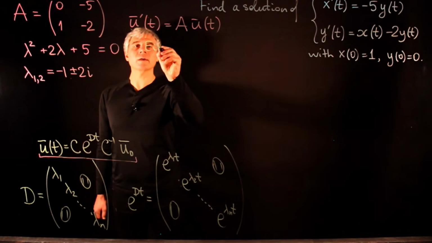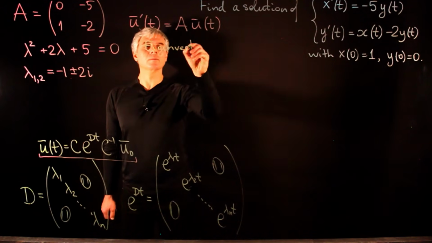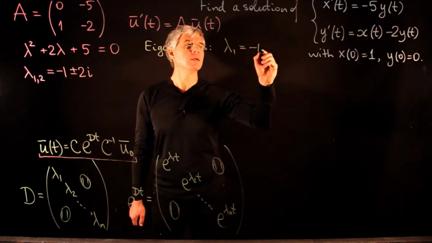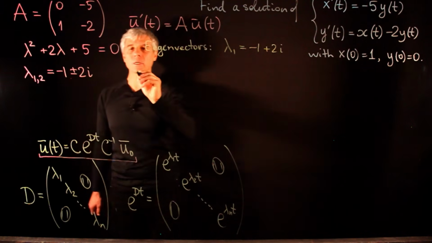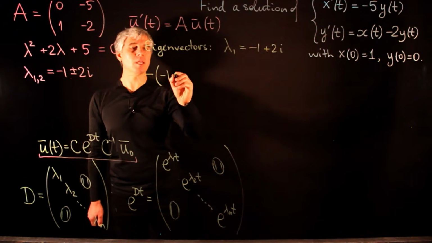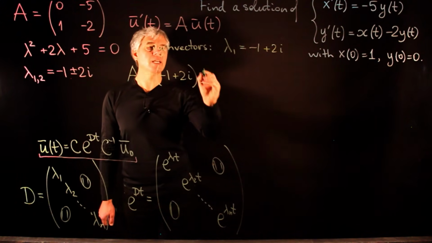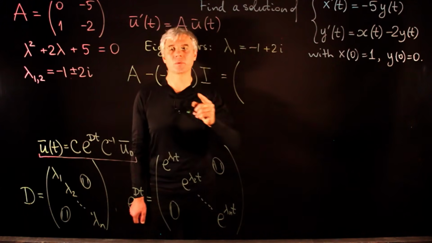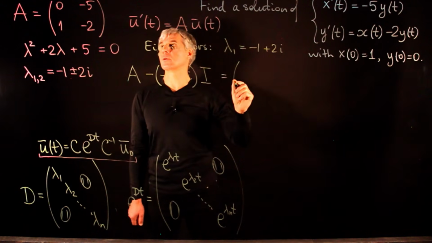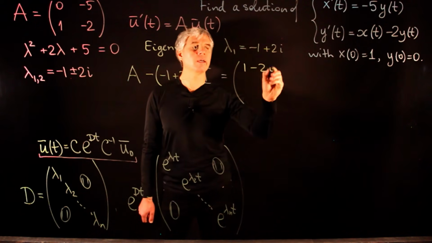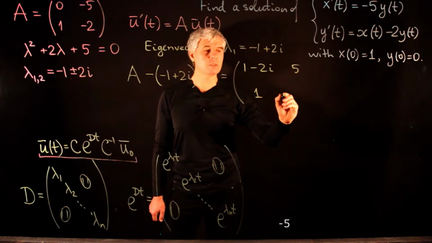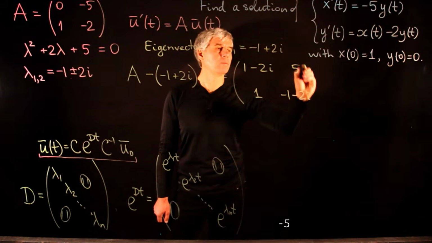Let us find the eigenvectors. And we start with the first eigenvalue, which is -1 plus 2i. So here we have to consider matrix A minus (-1 plus 2i) times identity. And so we subtract from diagonal entries this complex number. So we get 1 minus 2i, 5, and 1, and -1 minus 2i.